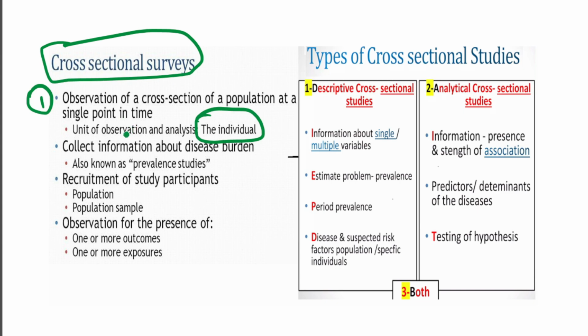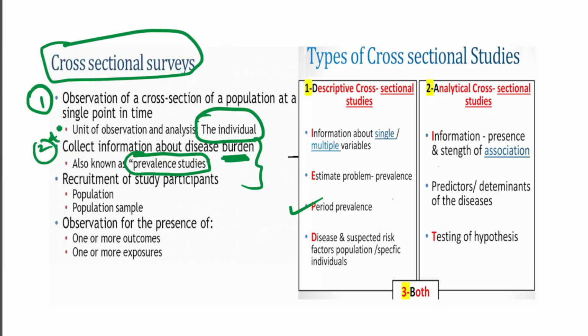Secondly, they have said that it is involving only the incident cases, which is a wrong statement because they are taking periodic prevalence or the prevalent cases into consideration. So that is why it is also called prevalence studies, and they collect information about the disease burden also, which is the third option given in the question.